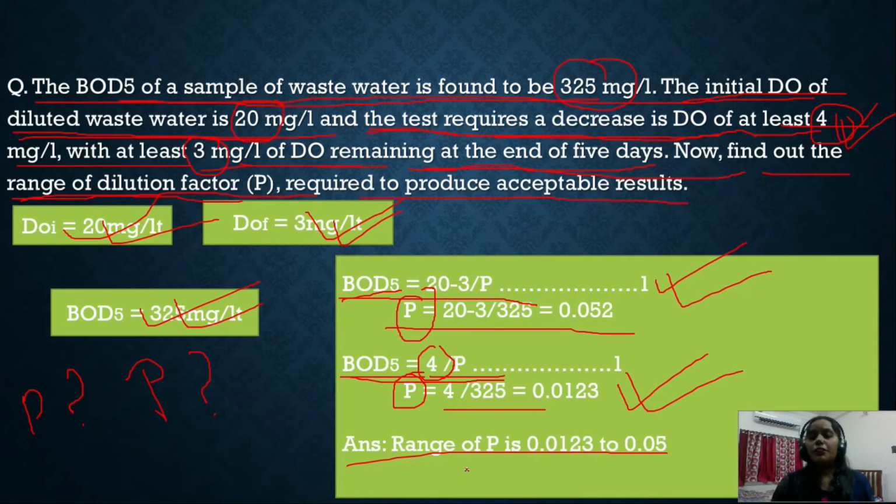If we practice again and again, only then you can understand why only the 4 value is given. So what is 4? Here 3 milligram per liter is also given, 4 milligram per liter is also given. Both are the final value. These questions you can only answer by practice.